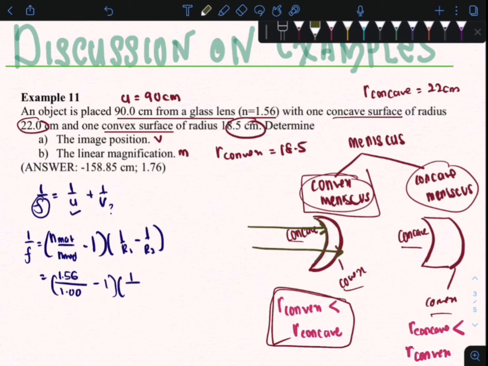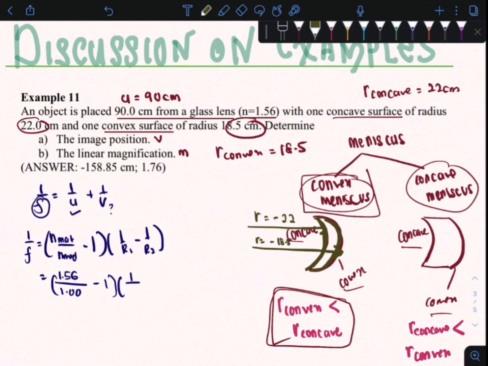The first surface that the light ray encounters is concave, so R here becomes negative. Negative, concave was 22 centimeter. And the next surface that your light hits is also a concave surface, so R is equal to negative 18.5 centimeter.